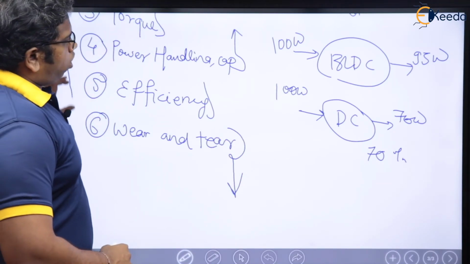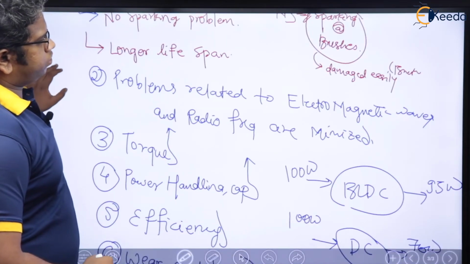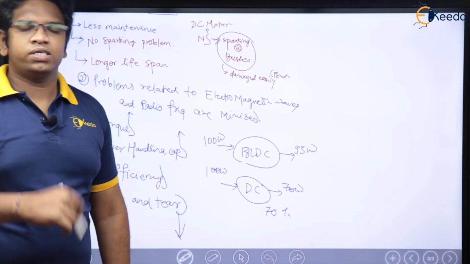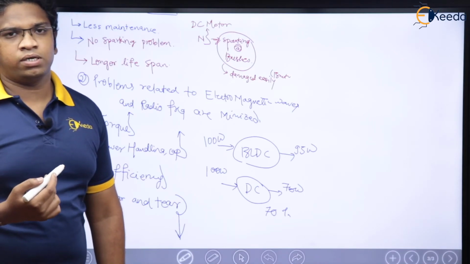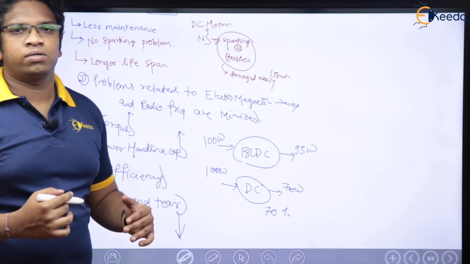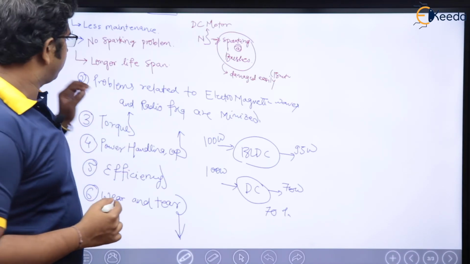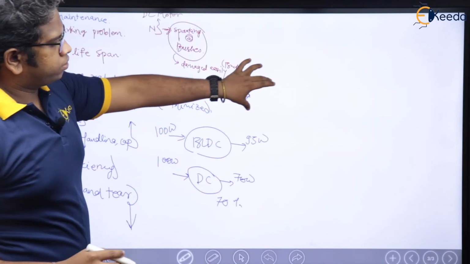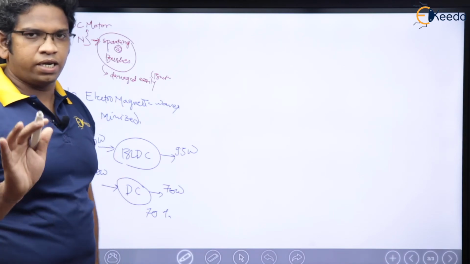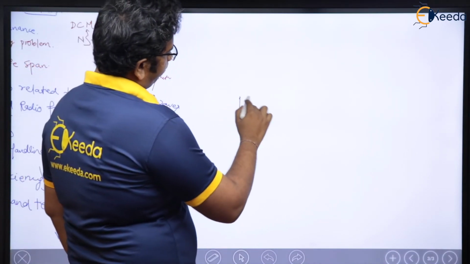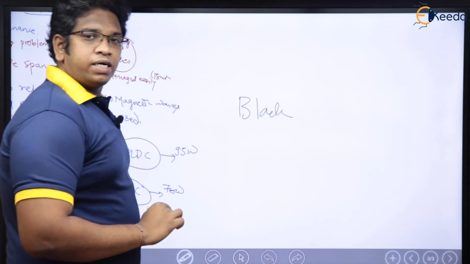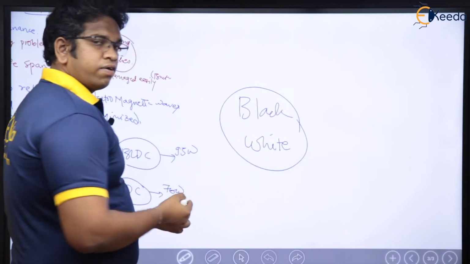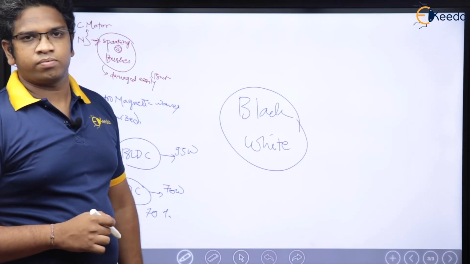So you may say, sir, all are advantages only. Are there any disadvantages? Yes, definitely. Let me give a small example. Nothing in life is completely black, and it cannot be completely white either.